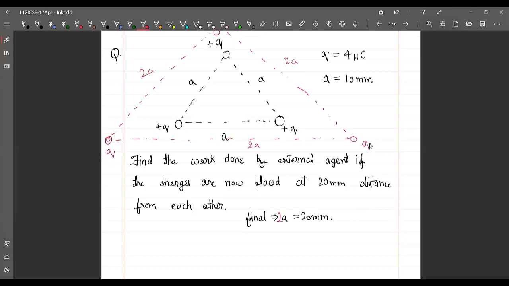Charges, magnitude of charges is the same, but the side length has increased from A to 2A. Find the work done by the external agent if the charges are now placed at 20 millimeter distance from each other. So there will be some initial potential energy of the system, some final potential energy of the system, and then the work done will be the change in potential energy of the system. Find this out.